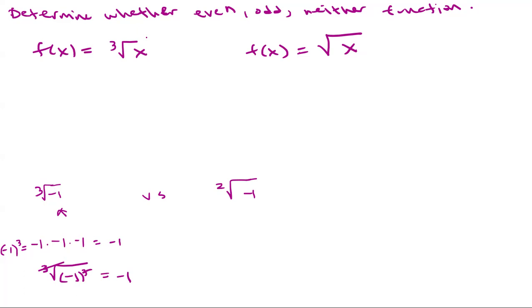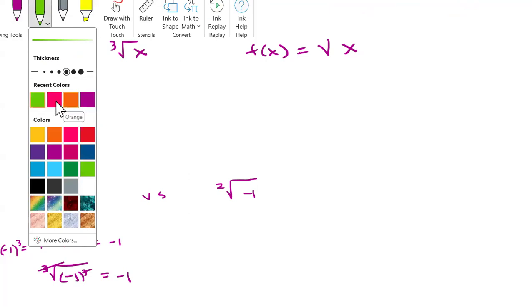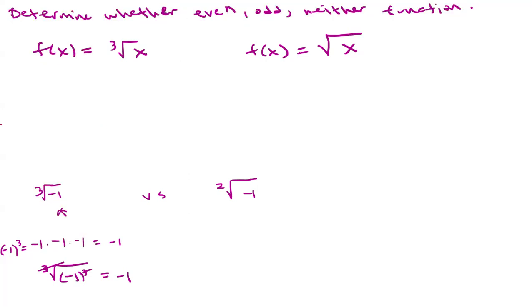So it works. Okay. However, for this one, we want to multiply, since we have a root of 2, we need to multiply something twice, but it spits out a -1. So if I have -1 times -1, it doesn't spit out a -1. It spits out a +1. Okay?